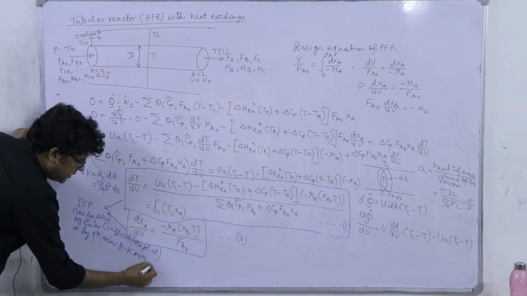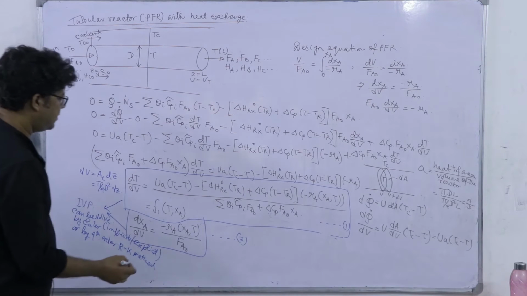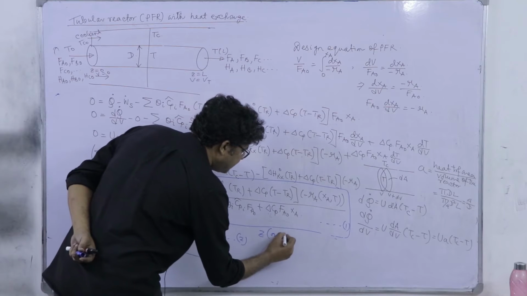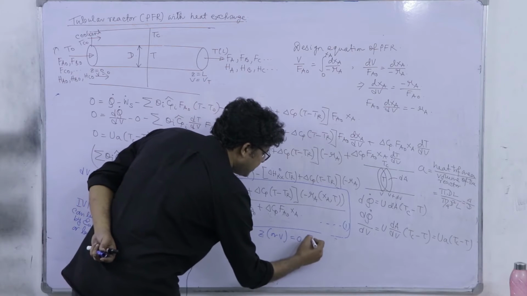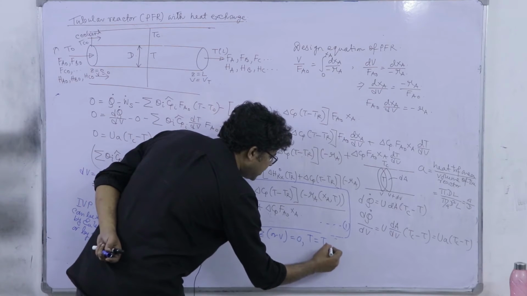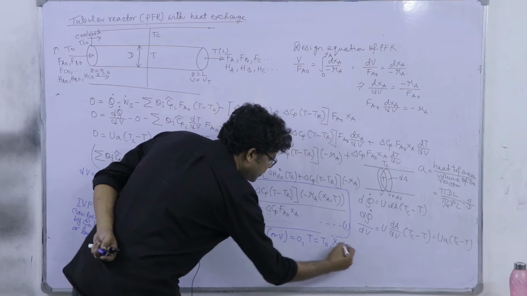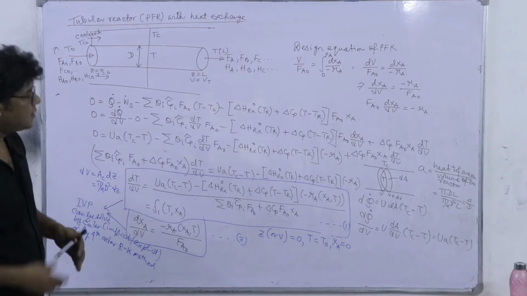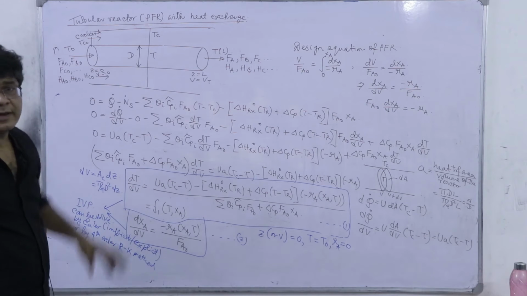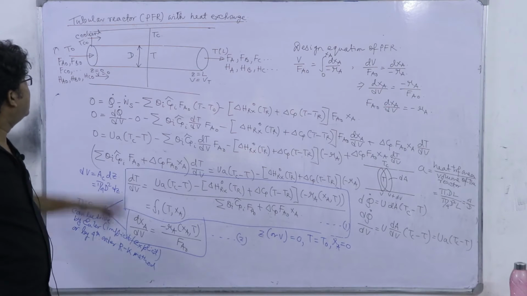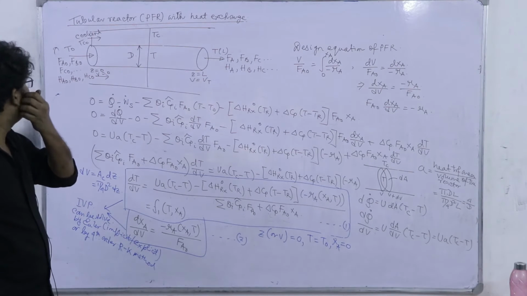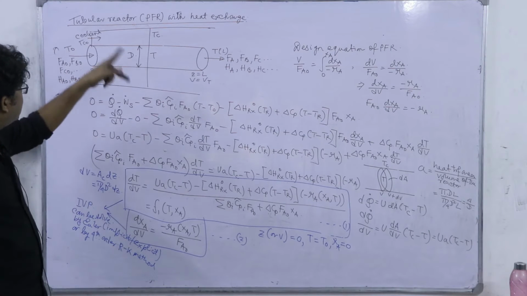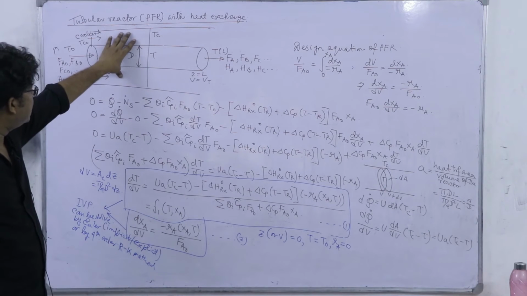Now we need an initial condition, right? We can write that at Z or V equal to 0, T is equal to T naught, and XA is equal to 0. So with that, we can simulate how the temperature is changing along this reactor. And this is for a co-current tubular reactor.